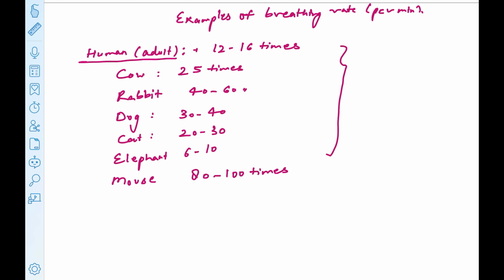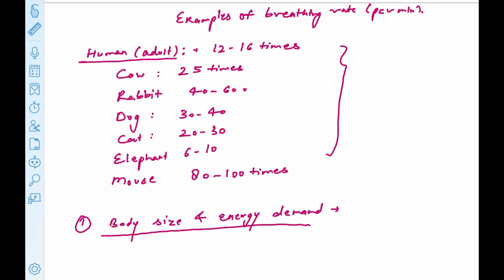Why is there such a difference between animals? First, the difference is because of body size and energy demand. Smaller animals lose more energy as heat, so they breathe faster. Second reason is habitat. Aquatic animals like fish take in oxygen dissolved in water, so their gill movement may vary with oxygen availability in water.